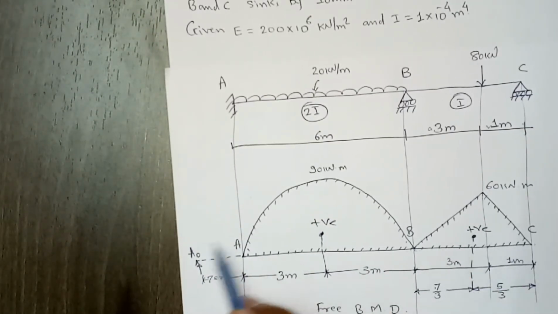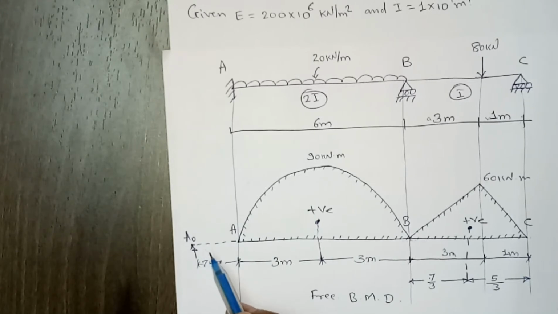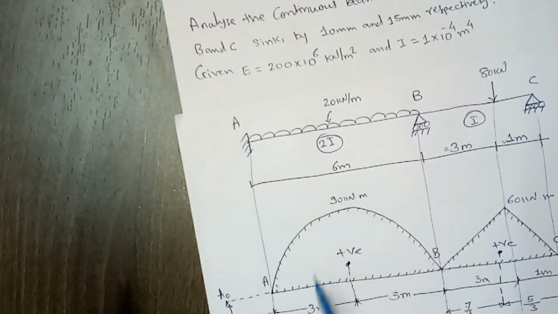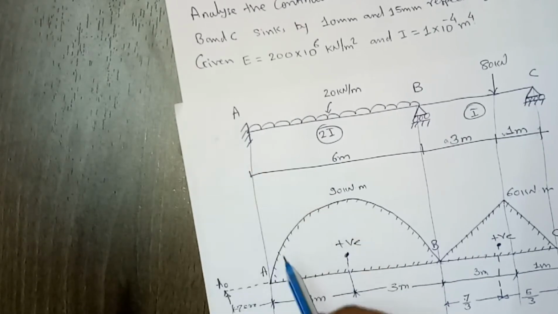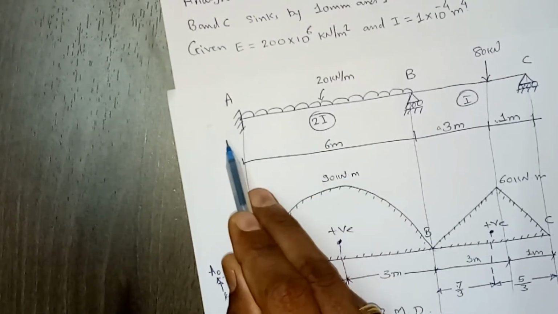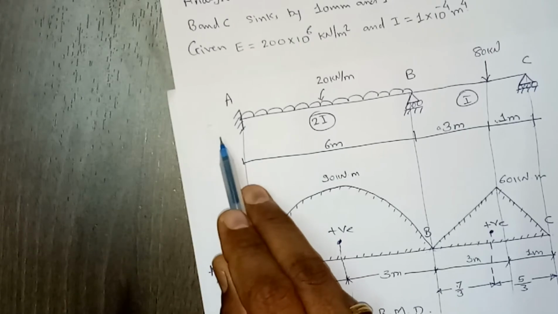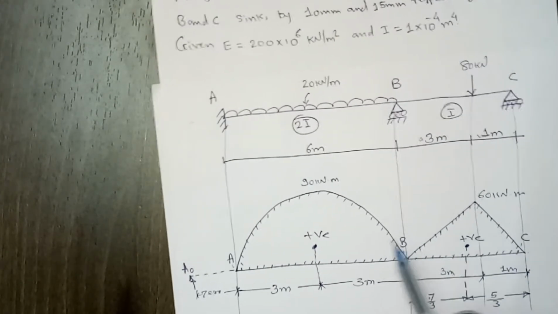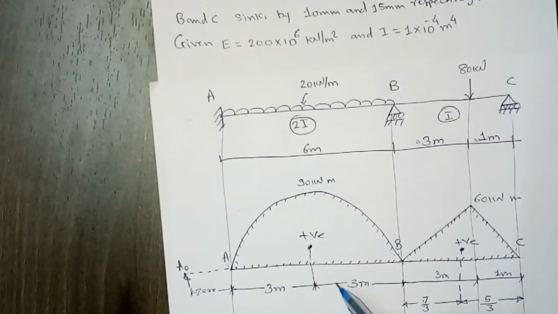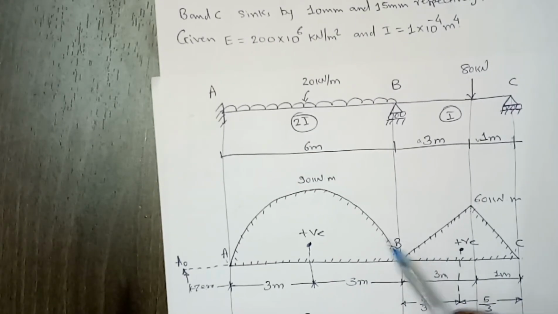Then this is the beam that we have to analyze. This fixed support we have to convert into the 0 span. So there will be 3 spans: first A0 to A, second is A to B, and third span will be B to C. So in this case we have to use Clapeyron's 3-moment theorem 2 times.